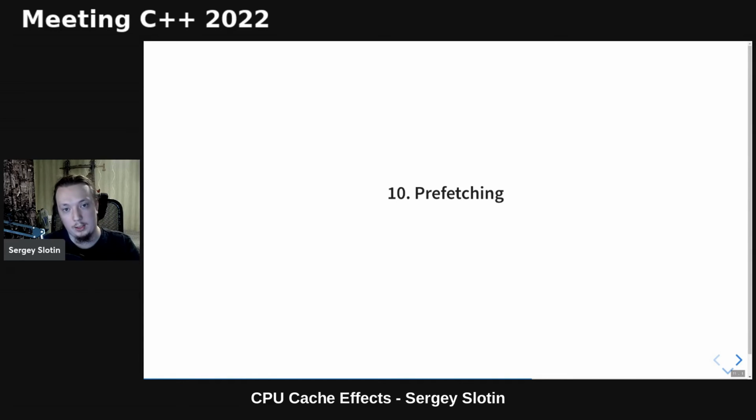Now, let's get back to the question of memory level parallelism. Taking advantage of the free concurrency available in memory hardware, it can sometimes be beneficial to prefetch data that is likely to be accessed next if the location can be predicted.